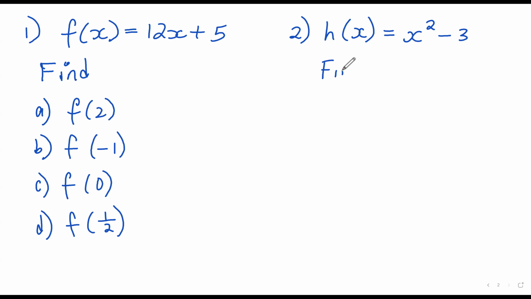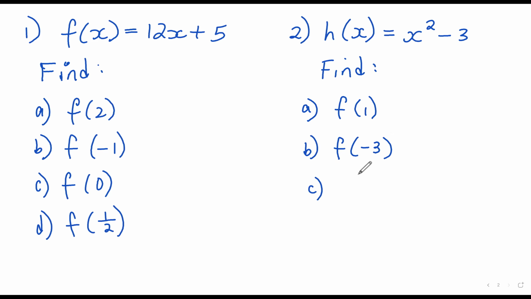And you're finding for me, E, f of 1, f of negative 3, f of 0.4, and then finally f of negative 5.